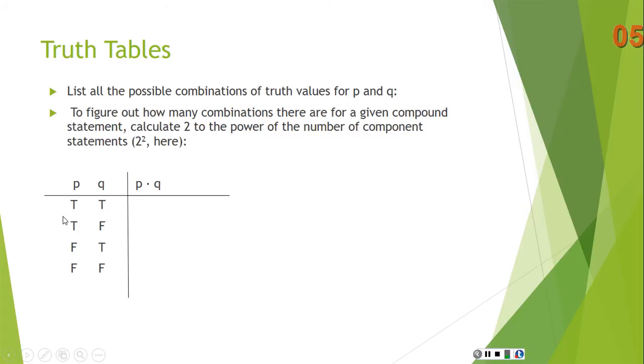That means there are 4 possible combinations of truth values for P and Q. So we have 1, 2, 3, 4.